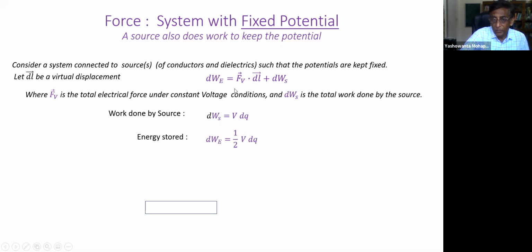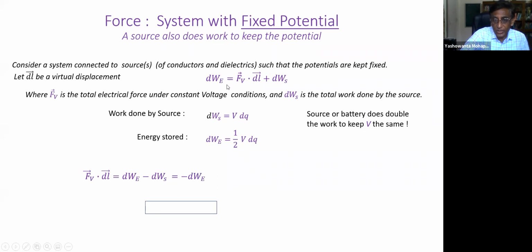All right, so I plug that in. This is the source, the battery. You can see it already does double the work to keep the voltage the same: this is half V dQ and this is V dQ. So if I write this down in terms of dWe minus dWs, and this I know is half, so it's minus dWe.